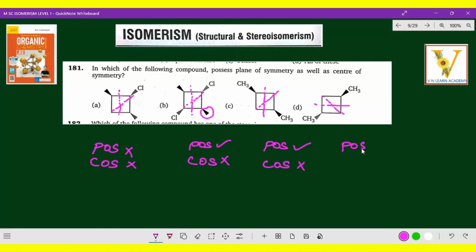Wedge is upwards and dash is downwards, so easily we can make out that plane of symmetry and center of symmetry are both available. So option D is the correct option. Come on, let us go to the next question.